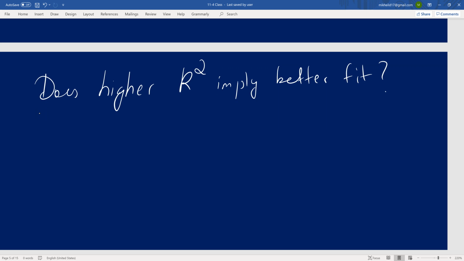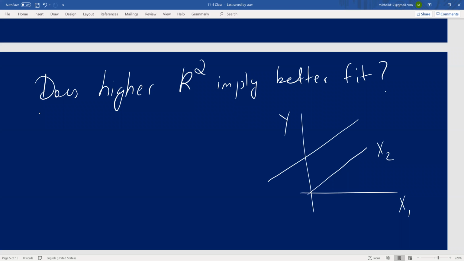So, okay, let's say we have this. This is our x1, this is our x2, and this is our y, okay? And then the points are all over this three-dimensional space. And let's say this is the true line, which is the expectation of y conditional on bold x, all of the x's, right?